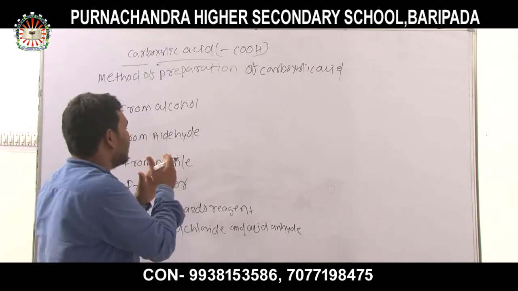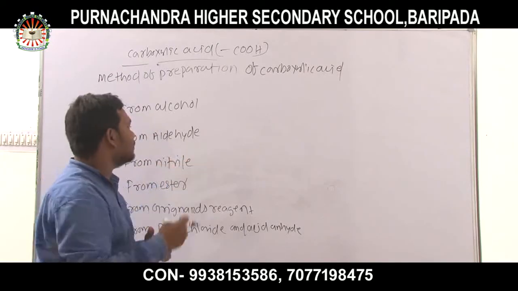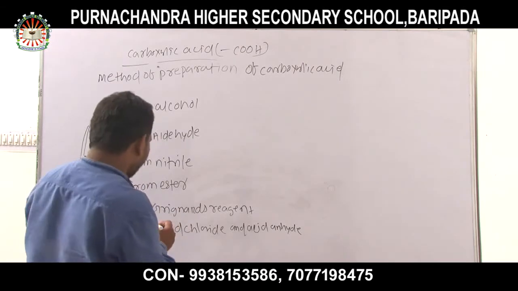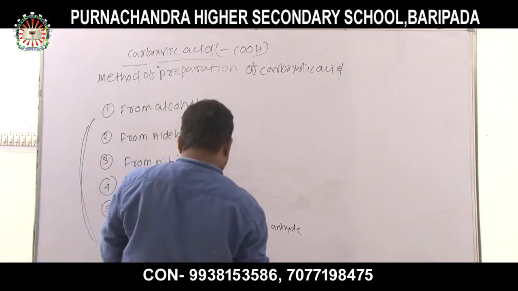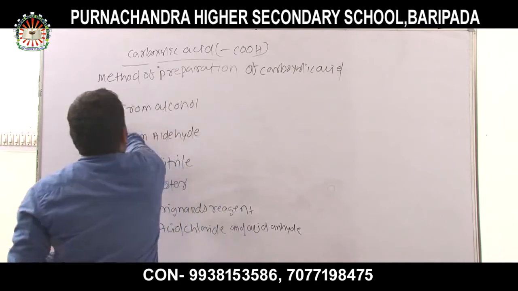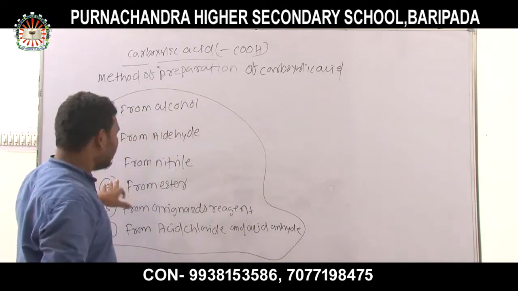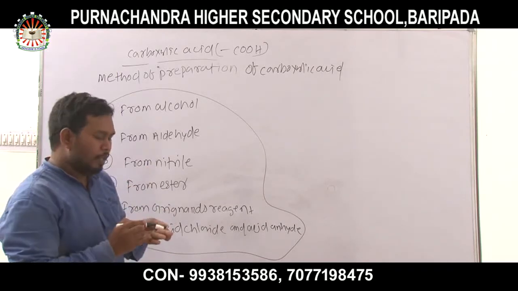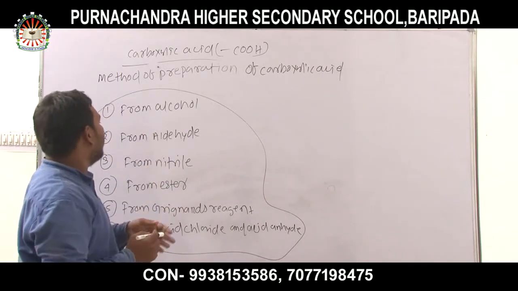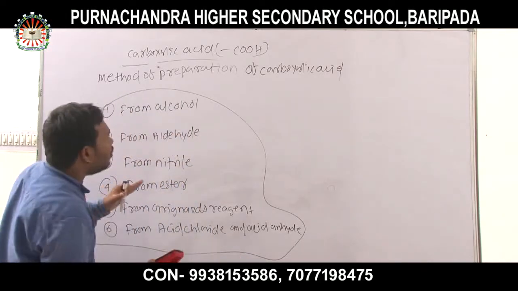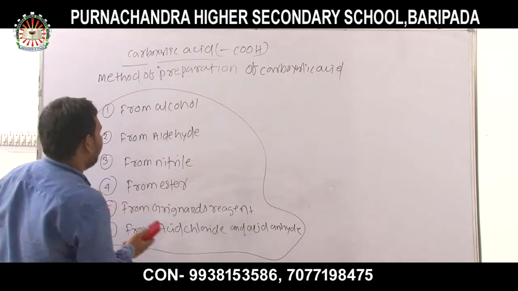When these sources are treated with another substance or reagent, then carboxylic acid is formed. So class, you must remember these sources. Then I can write the chemical equations of how carboxylic acid can be prepared.